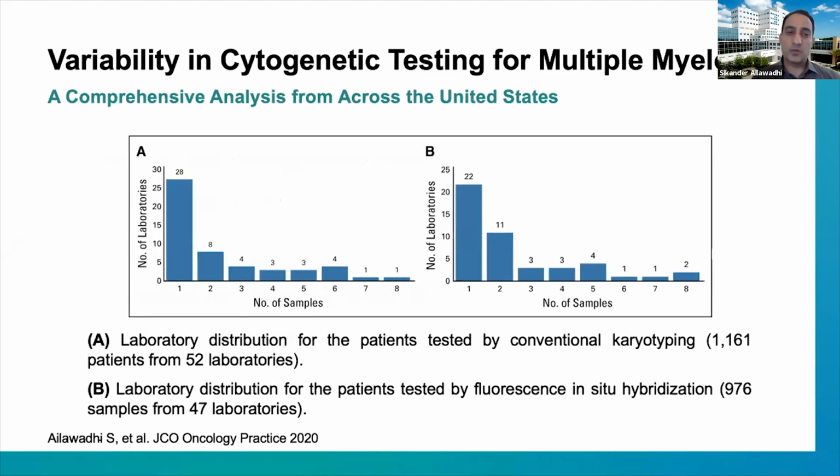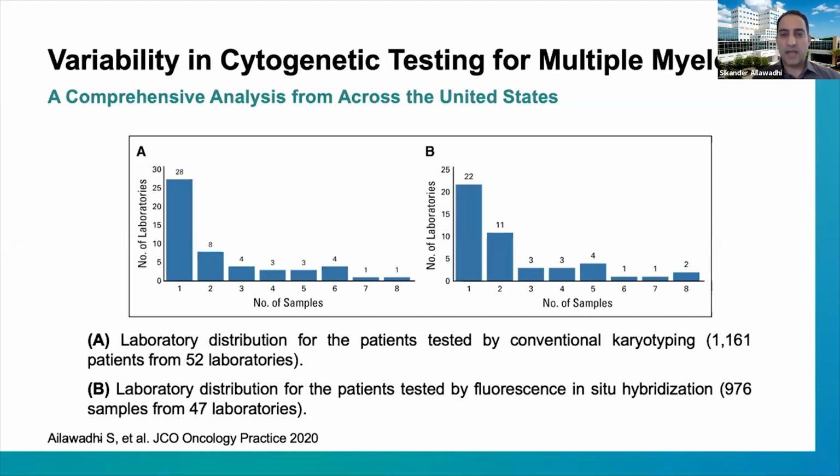What we noticed was the number of samples that were tested at any given lab. For example, on the left in panel A, it is showing the number of samples in lab number 1. By the way, we did not use any lab's name because we didn't want those centers to feel offended. But at least we wanted to say that there is variability.